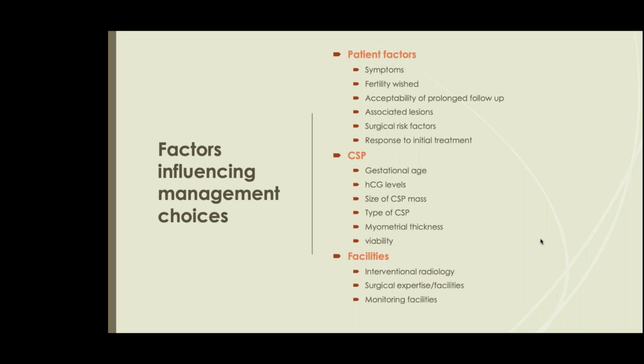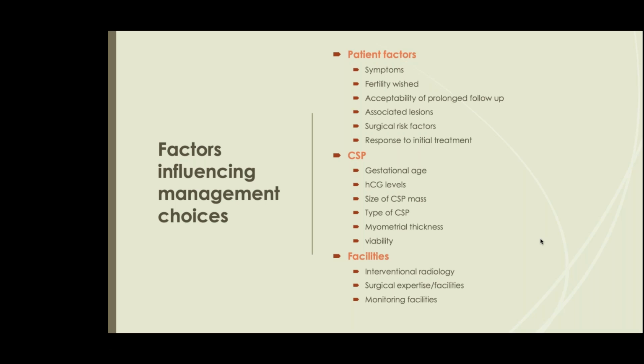The size of the scar pregnancy mass as well: a small one will most likely be successfully treated by medical treatment, a large one is not. Type of the cesarean section scar: when it is endogenic, you feel a little bit safe when you give the medical management.